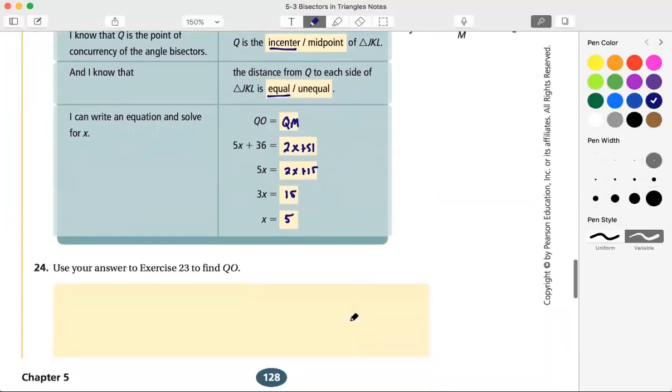All right, so let's find QO now. I know QO equals 5x plus 36. So QO equals 5 times 5 plus 36. So QO equals 25 plus 36. So QO must equal 61.